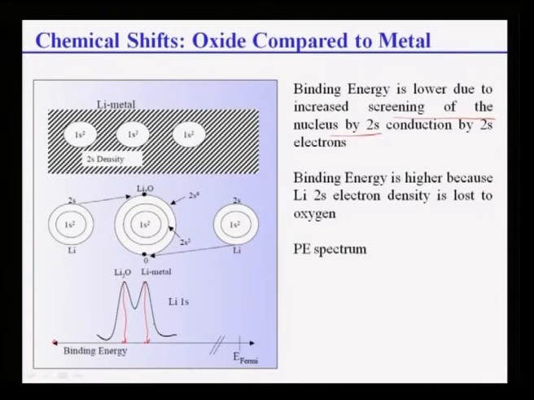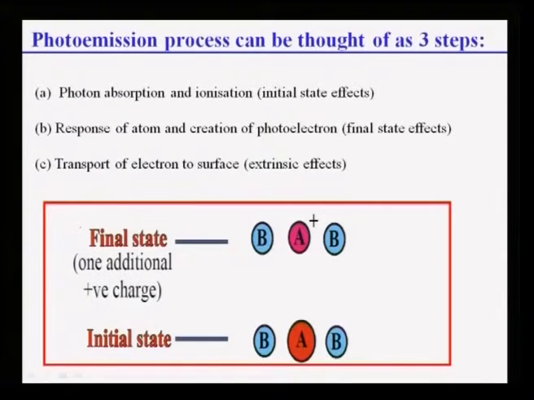There are 1s2 electrons in the level and only 1 electron in the 2s level. Because this single 2s electron density is lost, there is a change in the shielding of the electrons, and this leads to a change in the binding energies, correct.